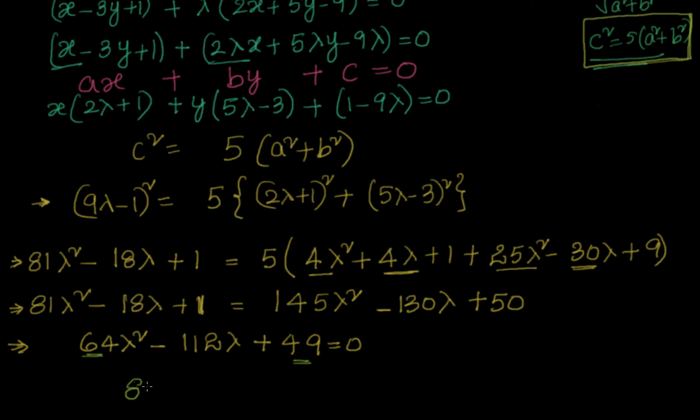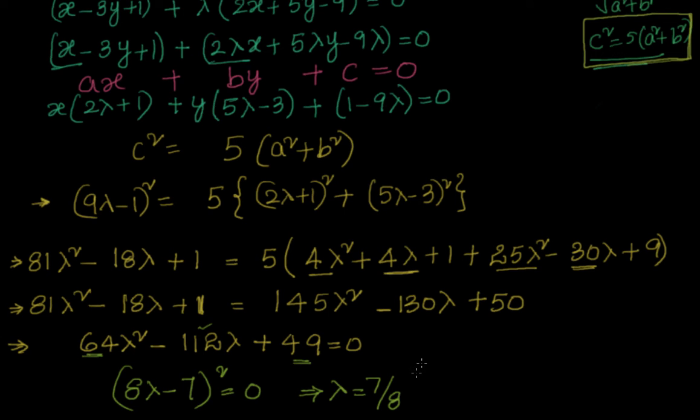So I see that it is in the form of 8 lambda minus 7 whole square equal to 0. You can see 8 square is 64, 7 square is 49, and 2ab term is 2 into 8 into 7, that is 112. So that gives me lambda equal to 7 by 8.